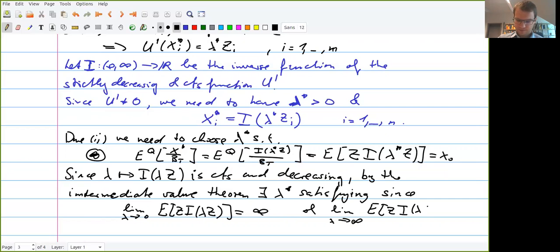And since x star is something between 0 and infinity, and this is a continuous function going from minus infinity to plus infinity, it has to cross at some point x0.